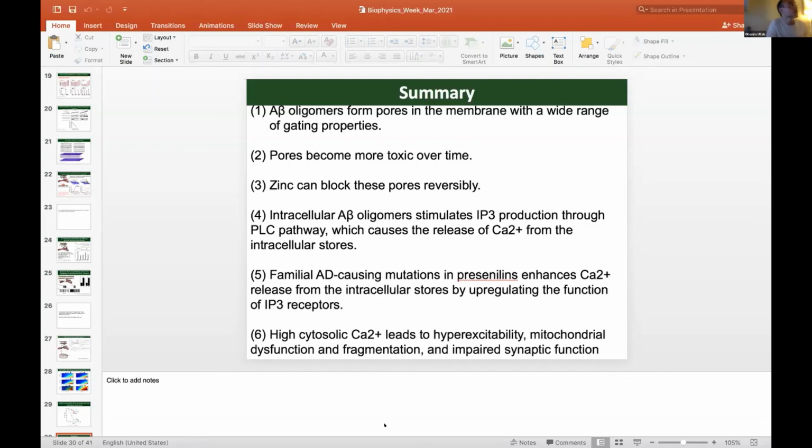We also published the IP3 stimulation by the intracellular beta, but we haven't put all of them together. So we are going in that direction, but building the individual pieces is taking some time. So hopefully in the next couple of years, maybe sooner, that's what we are there for, right? Modelers, we can actually put these three things together in a single system and figure out the power of modeling.